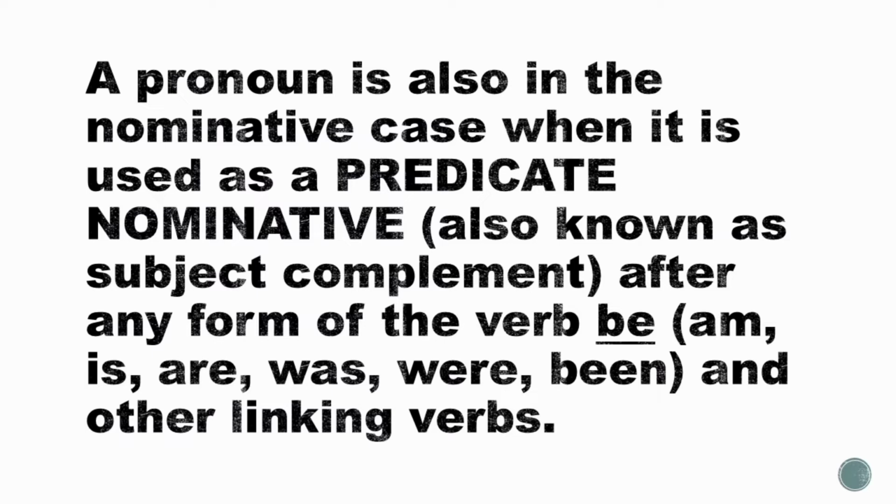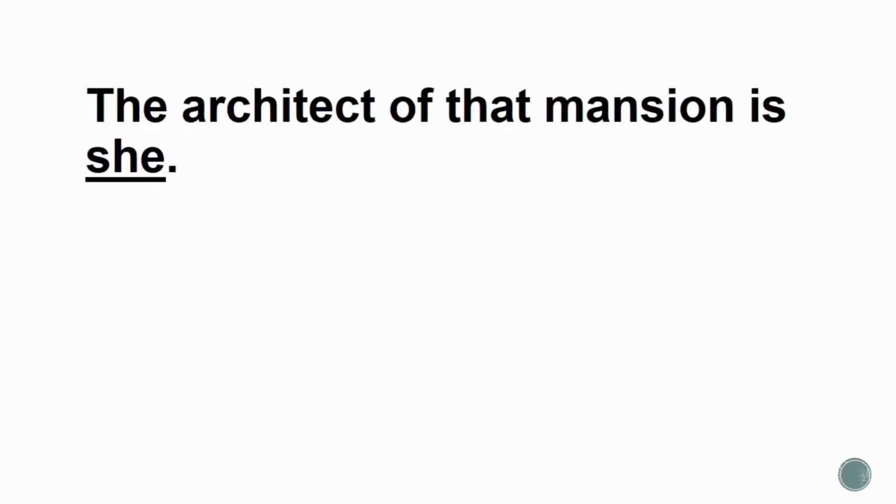Now a pronoun could also be in the nominative case when it is used as a predicate nominative, also known as subject complement, after any form of the verb be. These verbs could be am, is, are, was, were, been, and other linking verbs. The predicate nominative refers back to our subject. Like in this example, the architect of that mansion is she.